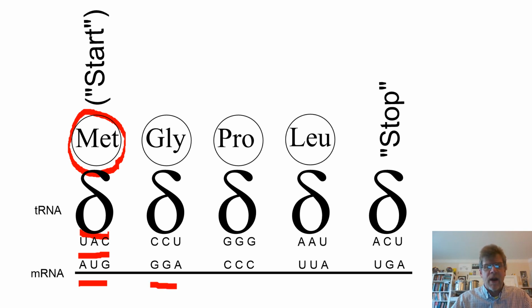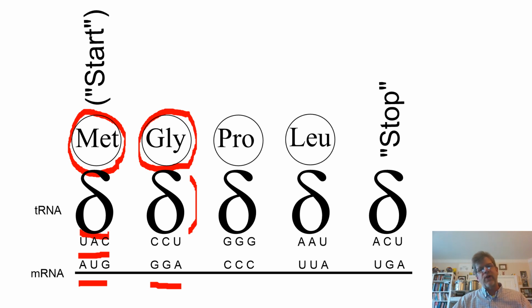The next codon on our messenger RNA, GGA, is one of the codons for glycine in the table we looked at before. Glycine would be covalently attached to a particular transfer RNA which had, in this case, CCU as its anticodon, plugging directly into the codon GGA on the messenger RNA.